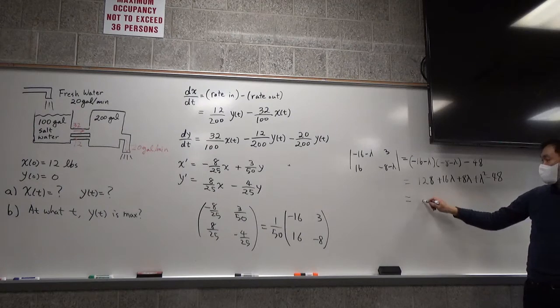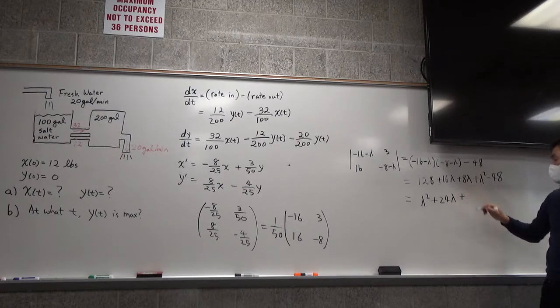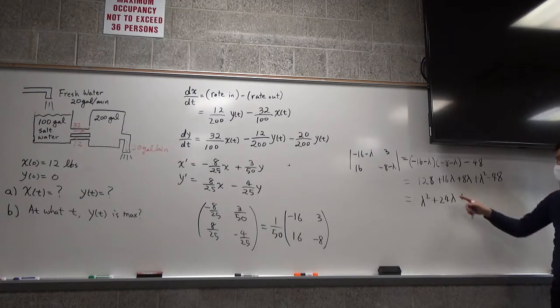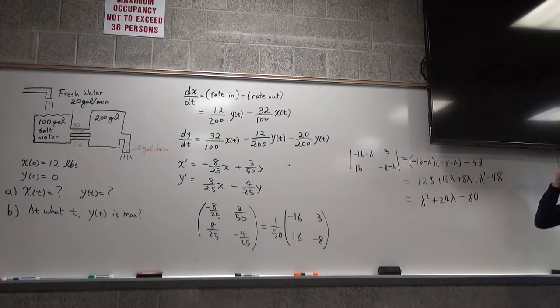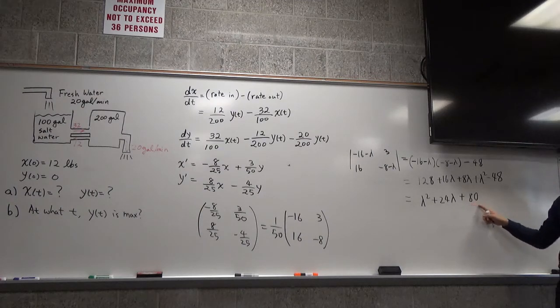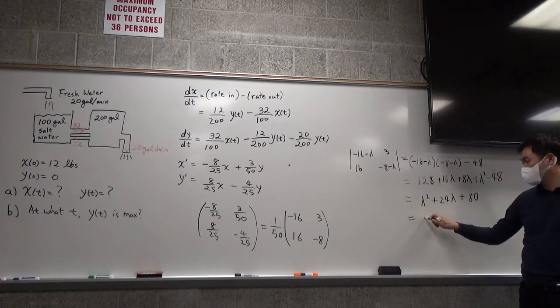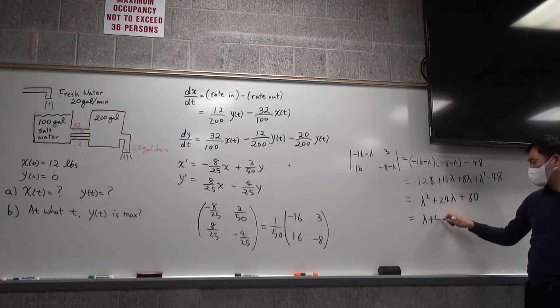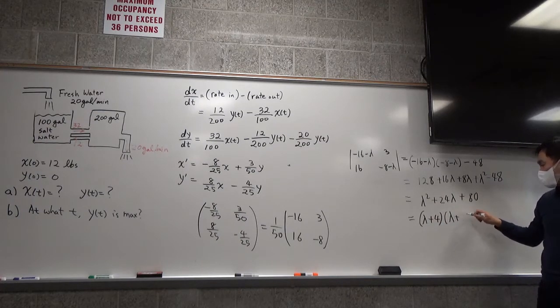And if you write lambda squared first, and then put 24 lambda, and then put 128 minus 48, that's 80, right? And if you think about it, 20 times 4 is 80, and 20 plus 4 is 24. So you can factor this as lambda plus 4, lambda plus 20.